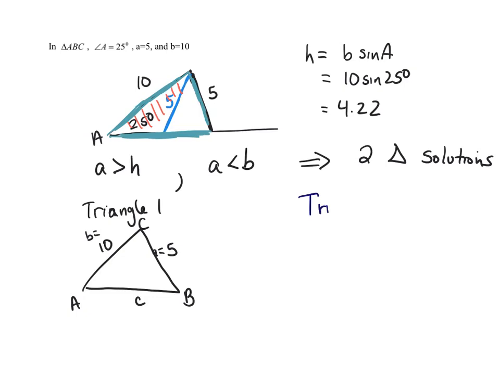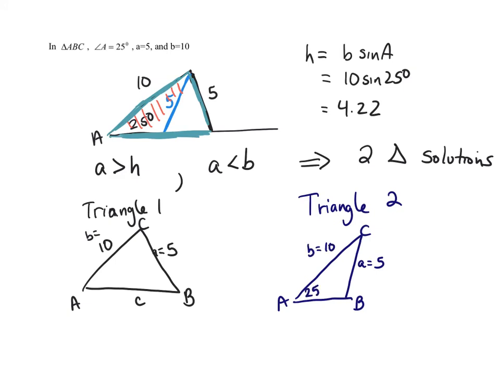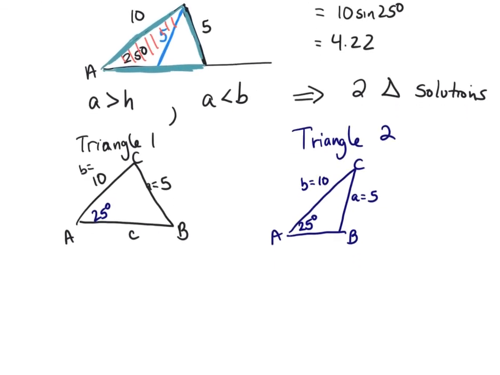Now for triangle 2, the smaller triangle I have hashed in red, it looks something like this. So it's going to have an obtuse angle. We have A, C, and B. Little a is still 5, little b is still 10, and angle A is 25. This is 25 over here as well. So I have to find the missing parts of both these triangles. Okay?